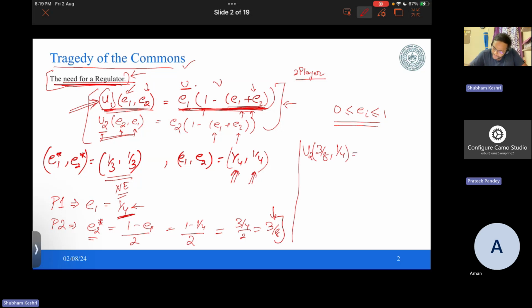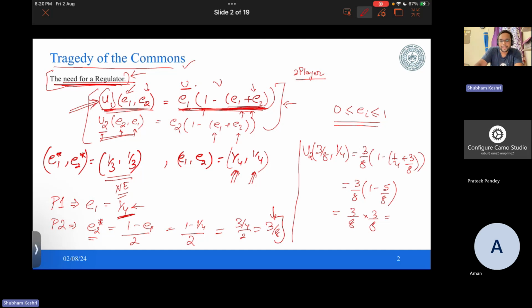This will be 3 by 8 times 1 minus 1 by 4 plus 3 by 8. And if you obtain this, you will get 3 by 8 times, so this will be 5 by 8, and this will be 3 by 8 times 3 by 8. And the value of this will be 9 by 64.